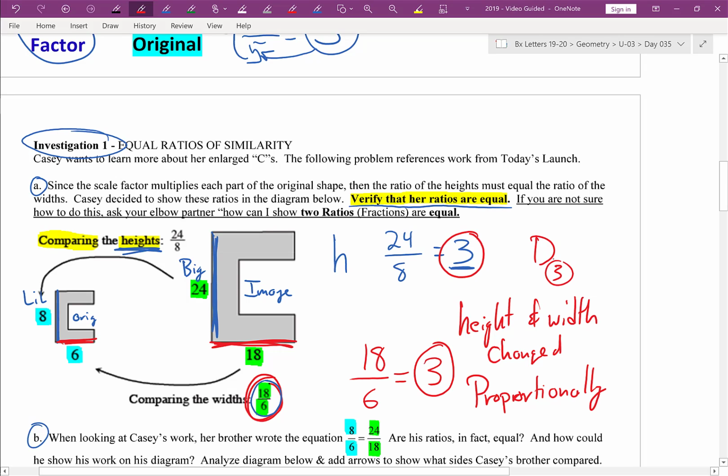They were dilated by a scale factor of 3. That's the crux of similarity. And we're going to use this information in C. You'll see how it's applied. This is just getting you to see that this pattern exists.